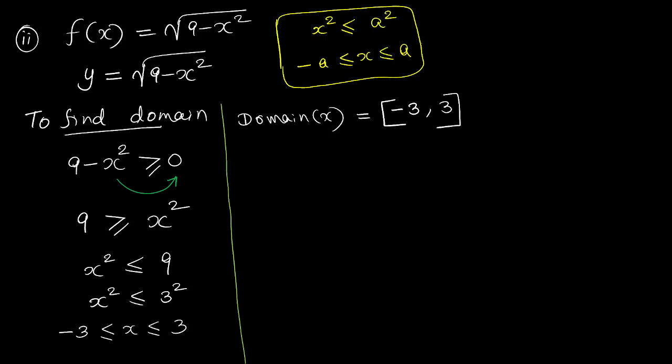Including minus 3 and 3, x can be equal to minus 3 and plus 3. To include, we use this bracket. This bracket means that minus 3 is to be included, plus 3 also is to be included. So I got the domain. You please write down. If you have any doubt in any step, you please ask.